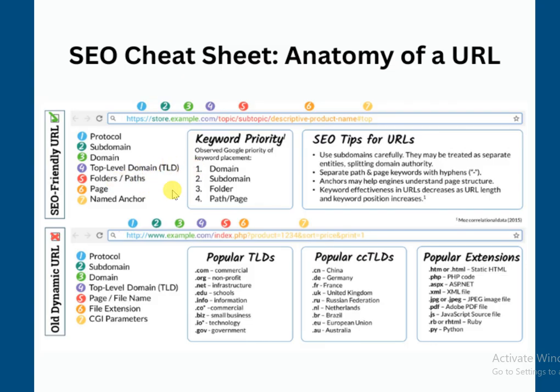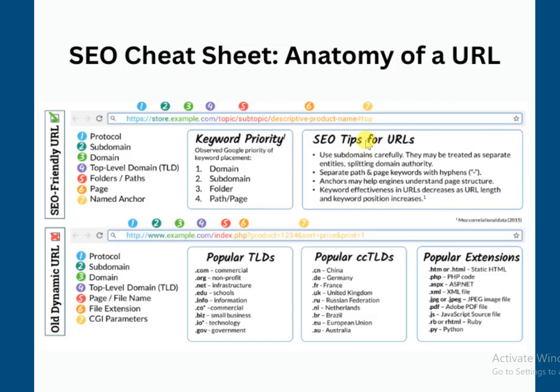Okay, folders or paths, page name, and optional anchors. The keyword priority here is crucial: domain, subdomain, folder, page or path. Remember, keywords placed earlier in the URL carry more SEO weight. As I mentioned earlier, we should use the keywords in the URL that will carry more weight.